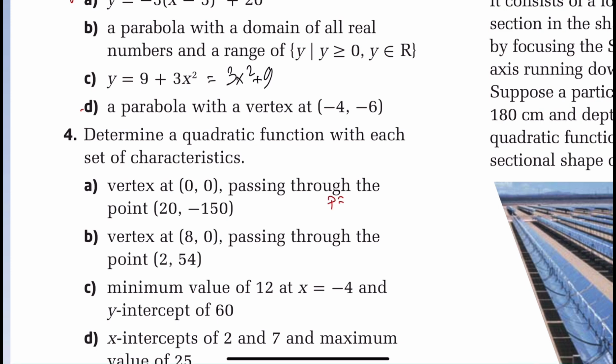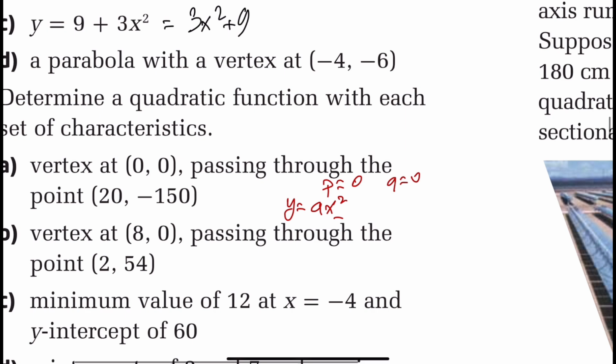Because the vertex is the point P and Q. So my P is 0 and my Q is 0. That means my equation will be y is equal to a times x squared, because my p is 0 and my q is 0. So from here I can find a by replacing x by this value and y by this value.